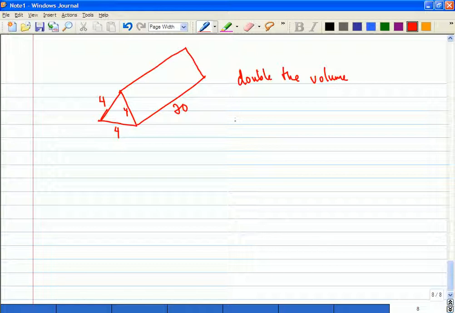So if I was to figure this out, that means my scale factor, and your book uses K, is going to be cubed, would have to be equal to 2 times the volume now. K is scale factor. So this way, if I did this, I could figure out what happens to the scale factor.